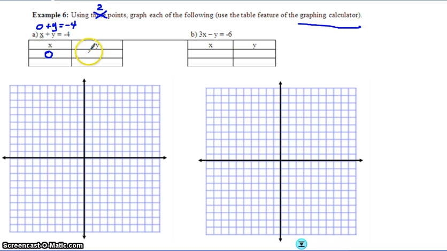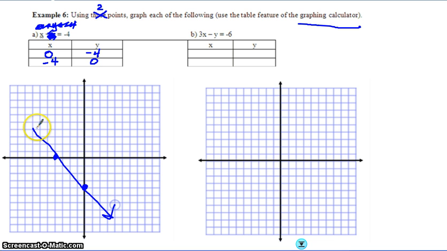In other words, y is negative 4. Now, it doesn't have to be that fancy. When we plug 0 in for y, think about it. If you plug 0 in for y, that term's going to go away, and you're just left with x as negative 4, which means graphing this, negative 4 and negative 4, is very simple.